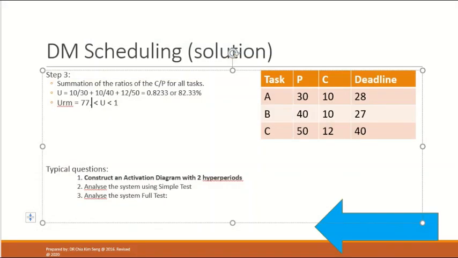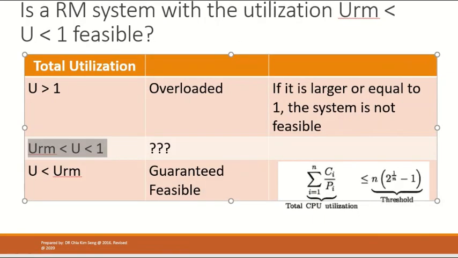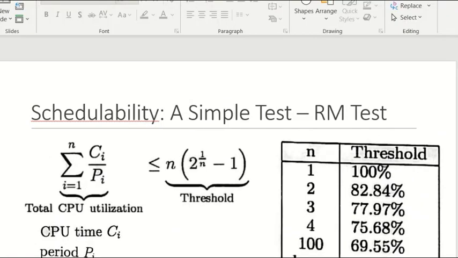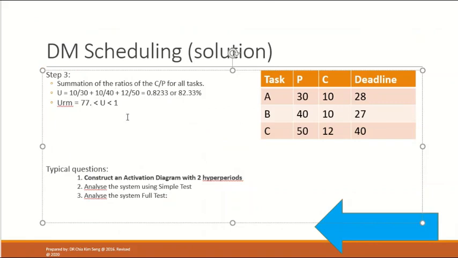I think we calculated it here, 97%. So we know it's not guaranteed feasible. No guarantee, but when we say no guarantee, that means there is still hope. Am I correct?